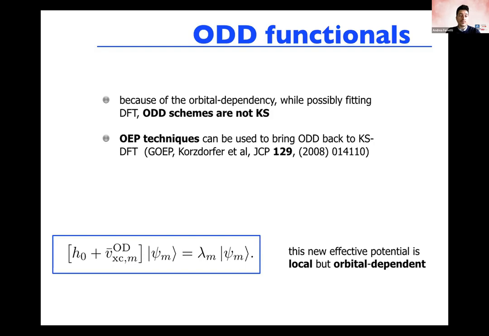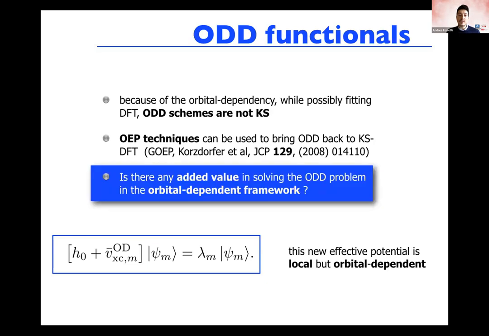Actually, if you want to cast them in a Kohn-Sham form, Körzdörfer and co-workers were able to work out a sort of OEP or generalized OEP method to minimize these functionals within a proper Kohn-Sham framework.